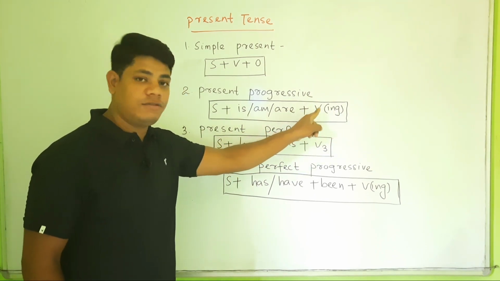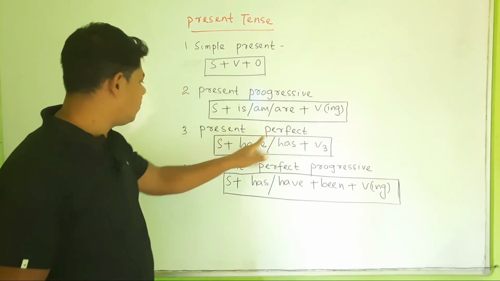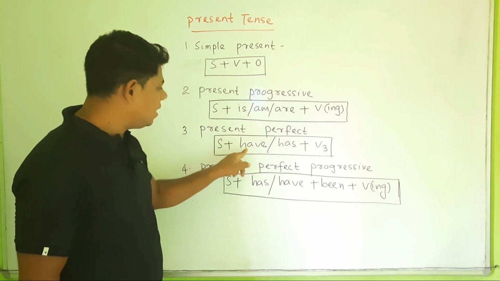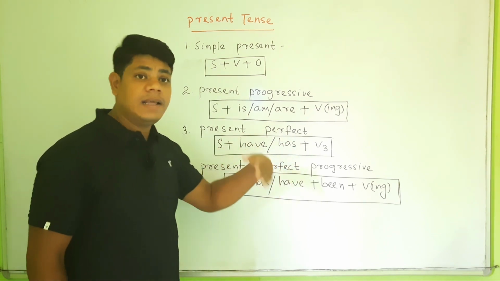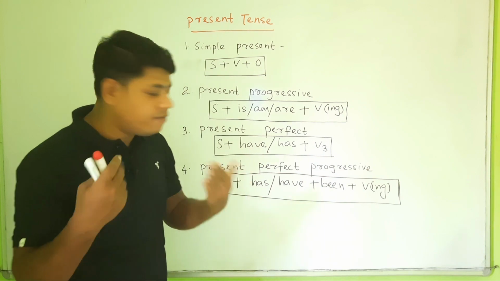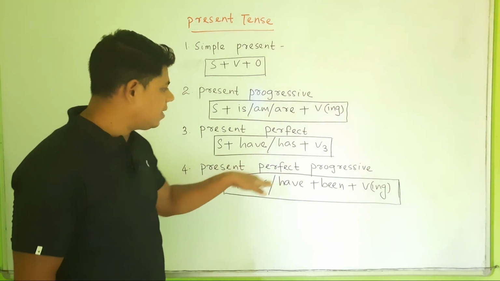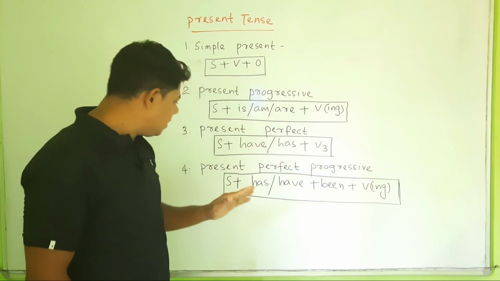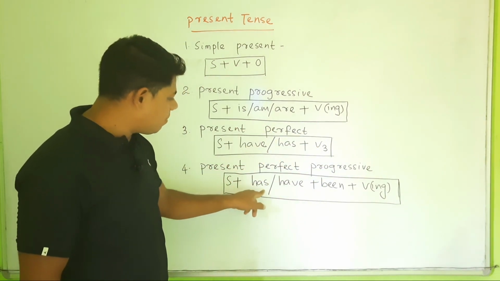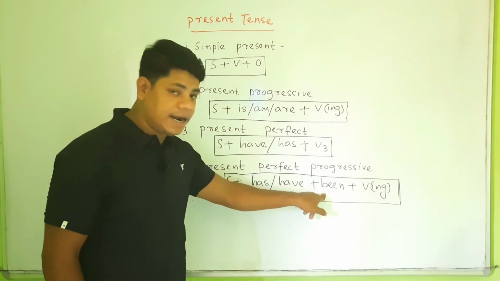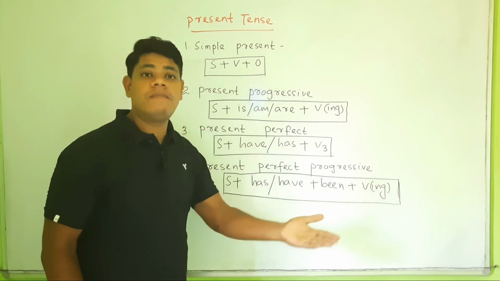Ing is added to the verb. Then comes present perfect. Here the subject, then have or has comes, then V3, the third form of the verb. Then in the fourth type, present perfect progressive or continuous, it is subject, followed by have or has, then been, then verb plus ing.